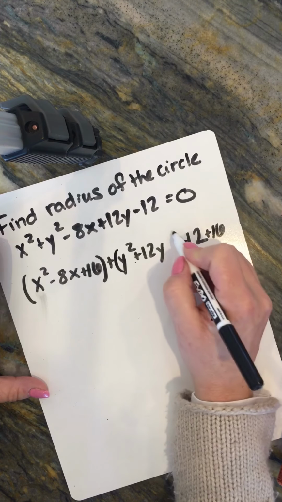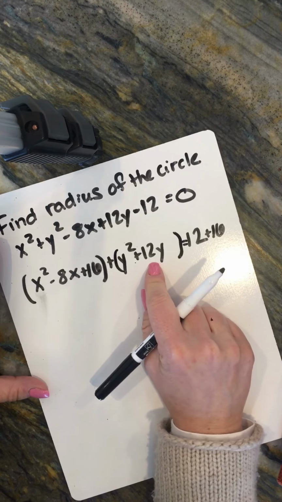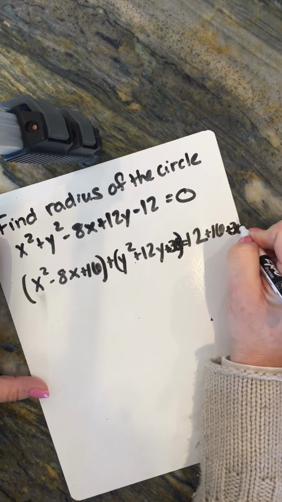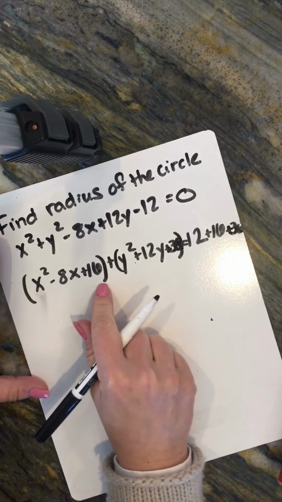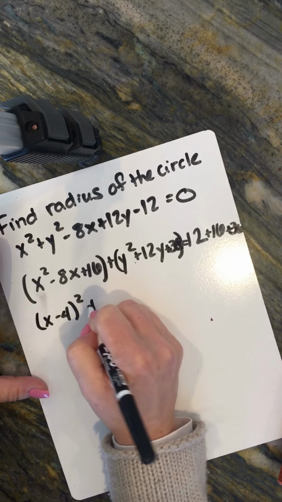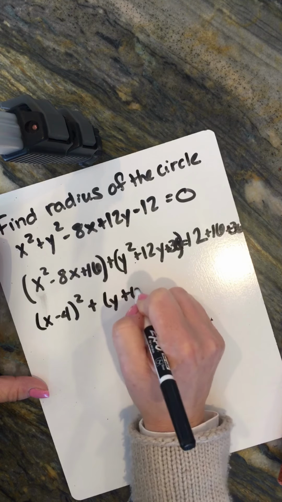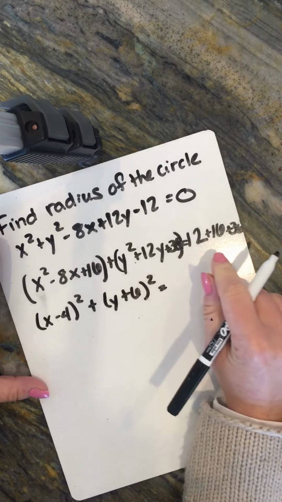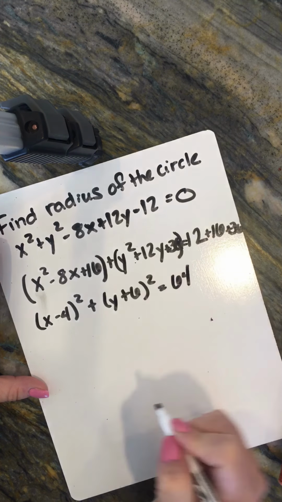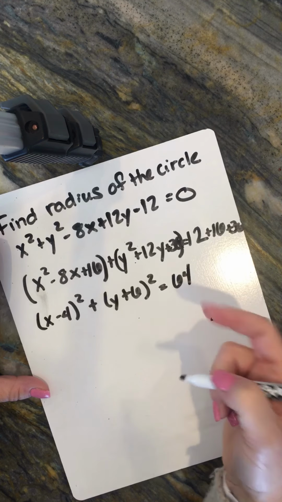So 12 divided by 2 is 6, so plus 36 on both sides. All right, completing the square, we've got (x minus 4) squared plus (y plus 6) squared equals 12 plus 16 plus 36, which is a beautiful 64. I like it because it's a perfect square.